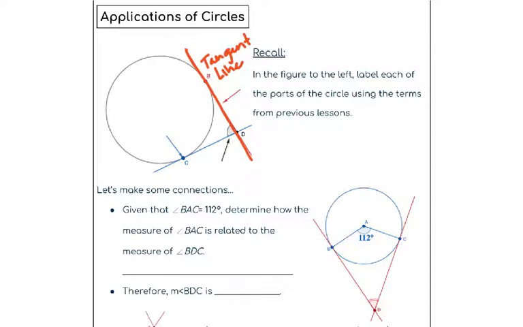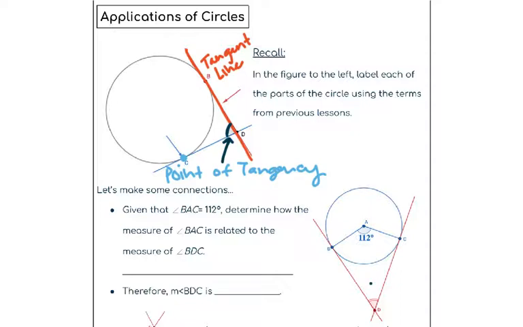Now blue, the arrow is pointing to this point specifically. So what is that point called on the tangent line? And that's called the point of tangency. Okay, and lastly, we have this arrow pointing to this angle here. Okay, and that angle is outside of the circle.